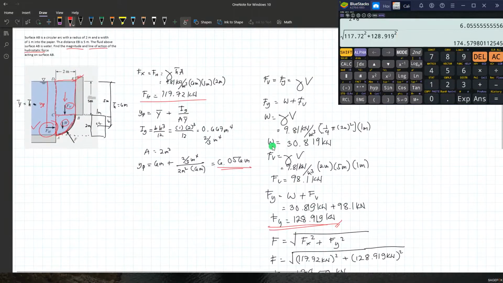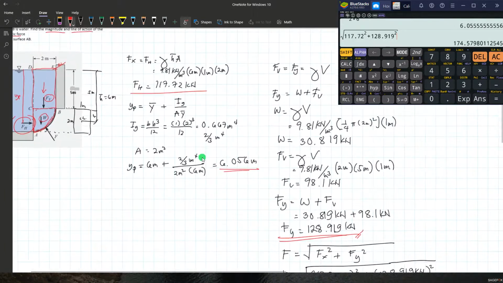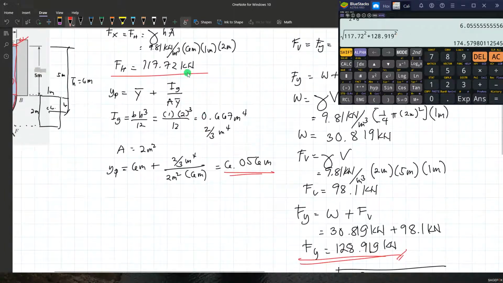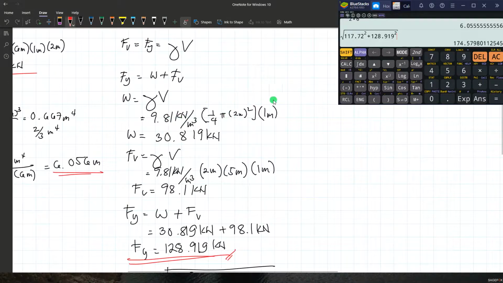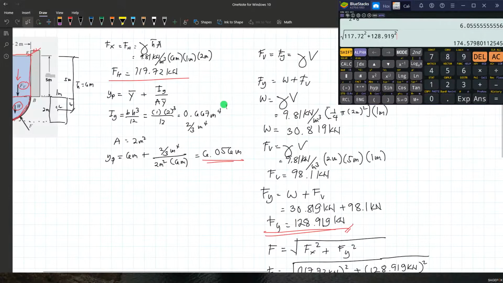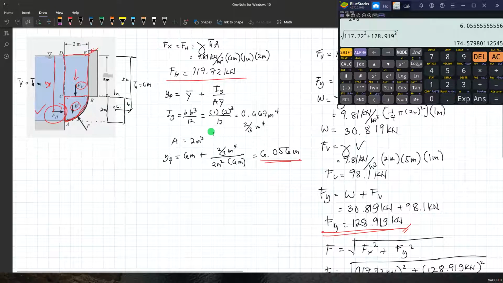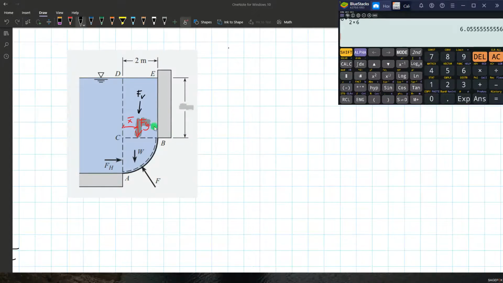Okay. So for the location of these forces, for Fx, we have already determined the location of the horizontal force. How about the vertical force? Let's determine the location of Fy. To find the location of this total vertical force Fy, we will use Varignon's theorem.